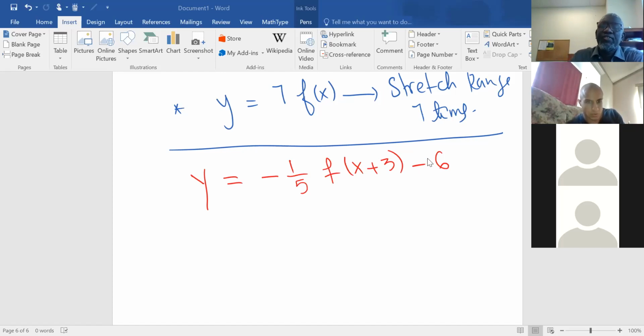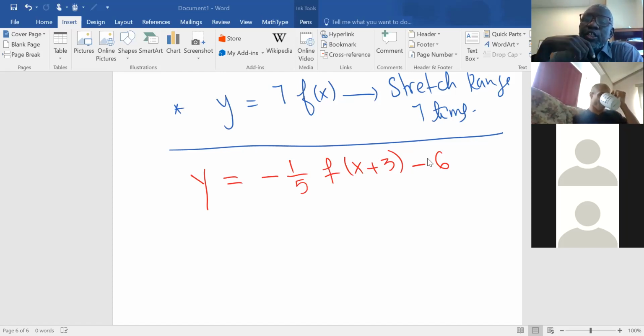So a question here. Is it easier to consider the number in front, negative 1/5, as one transformation or two transformations? Two transformations, exactly. The 1/5 by itself and the negative sign by itself, right?